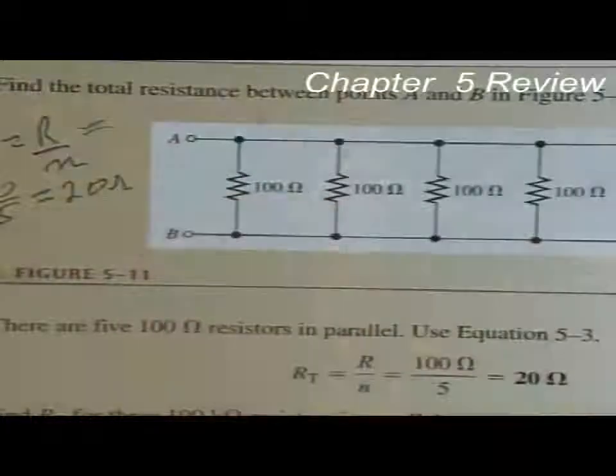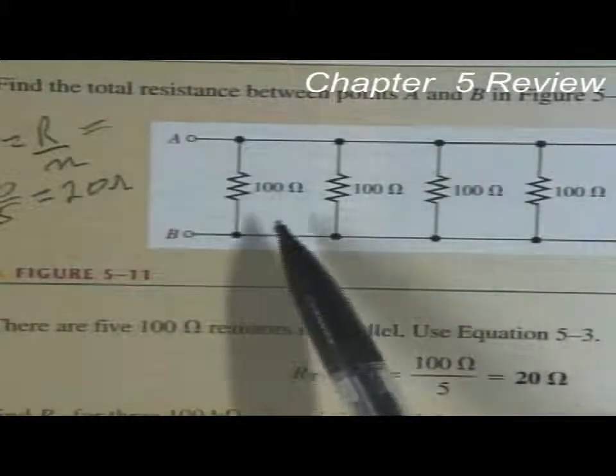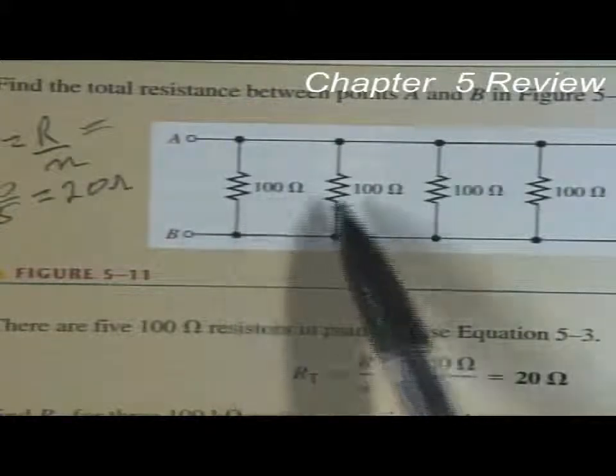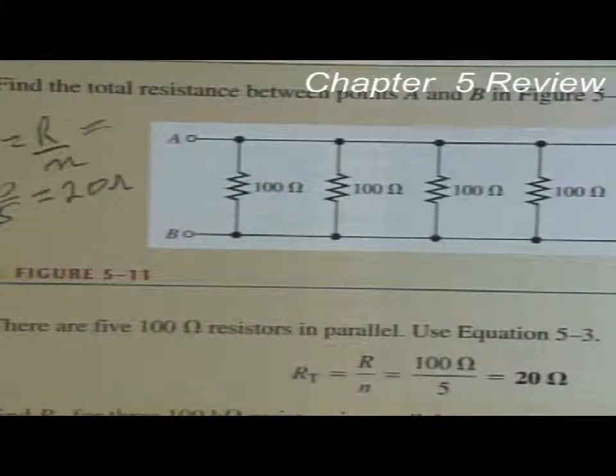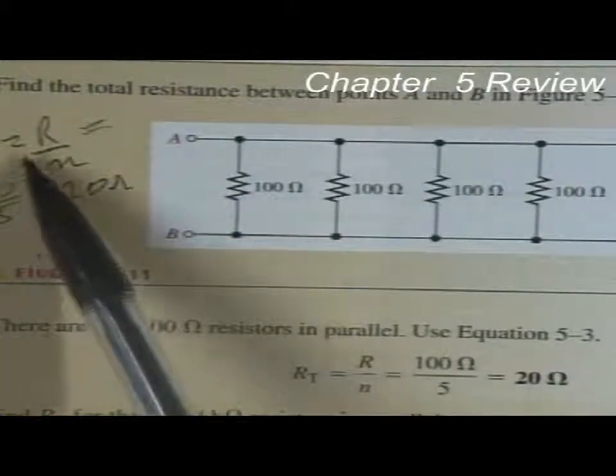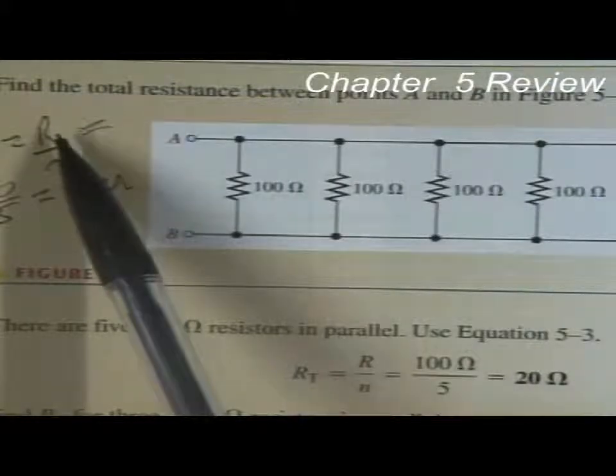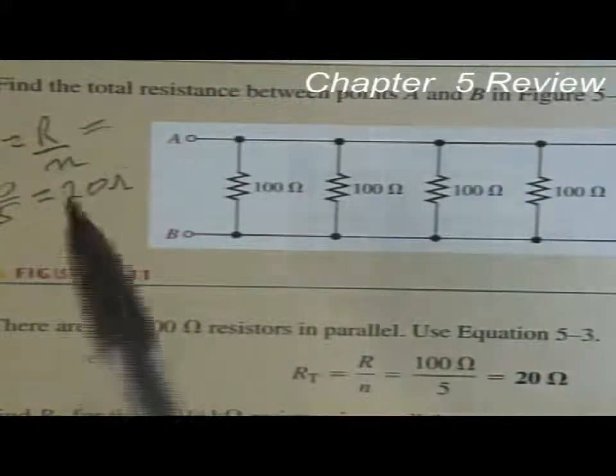Now we could have done exactly the same thing with the reciprocal formula. I've noticed that some of you, for some reason, like to use the formula that we mentioned previously, the product over the sum, when you only have two resistors. And you can. That's not a problem. And when you have problems where you have 5 or 6 resistors and they're all the same value, some of you still want to use this formula that RT equals R, the resistance of one of the resistors, over the number of resistors.